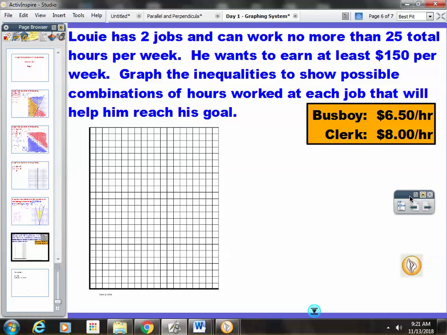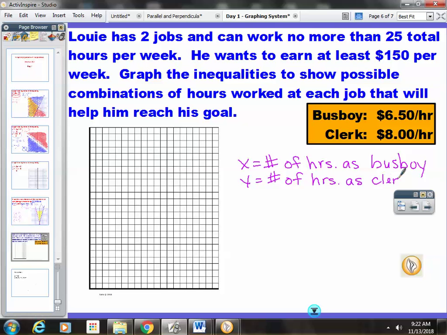Let's start with that. Let x be the number of hours as a busboy, and let y be the number of hours as a clerk. We know how much he's going to get paid for each hour. We know how many total hours he can work. We know his total pay, or what he wants to make.